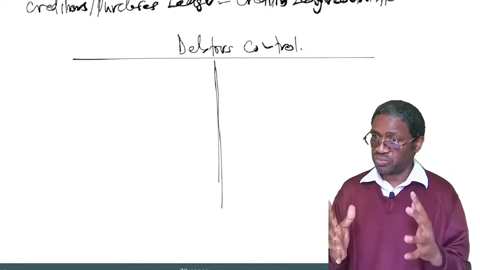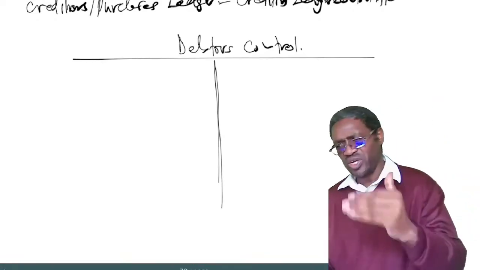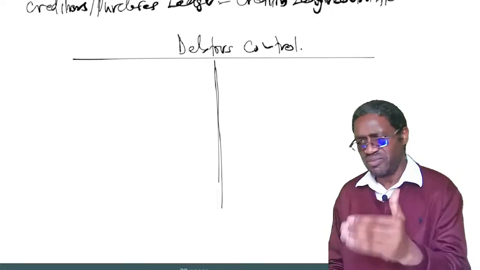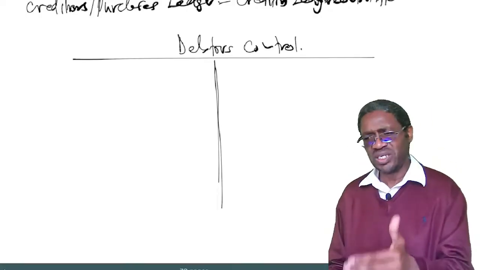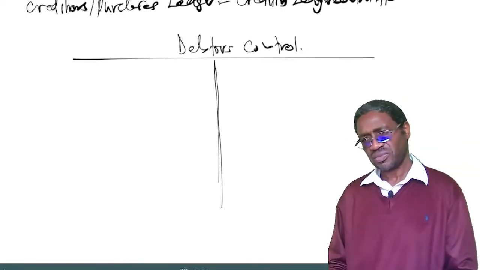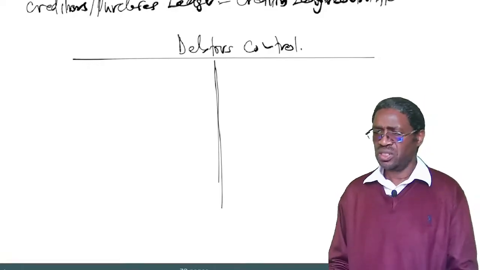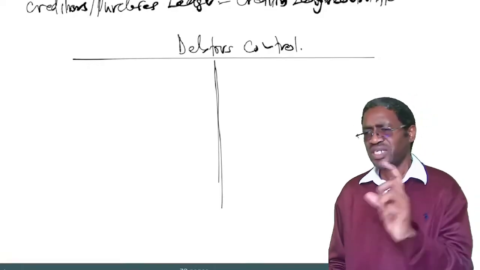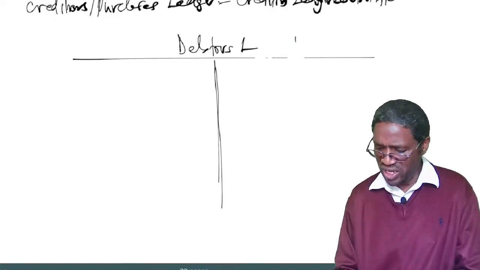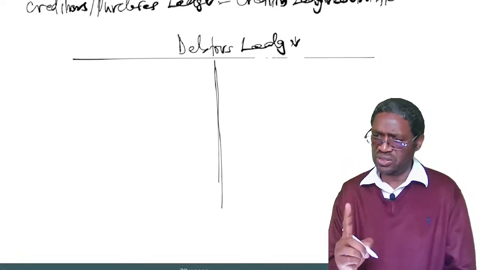For example, when you sold goods to your customers on credit, it's obvious, we know, you must have debited Wekesa, you must have debited Koril, you must have debited John, and you must have credited sales. But now we are saying, when you sell goods on credit and you are preparing the debtors ledger control account, you don't put in the individual figures for sales.